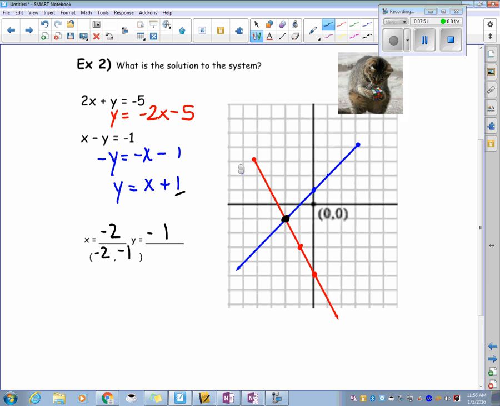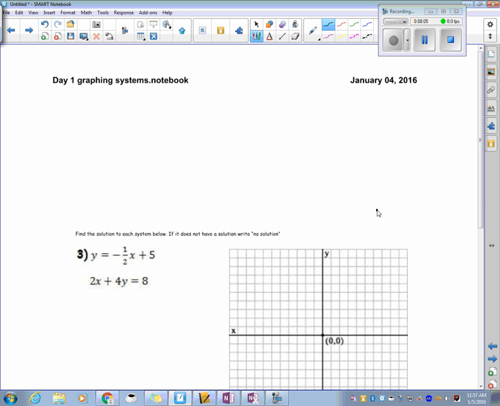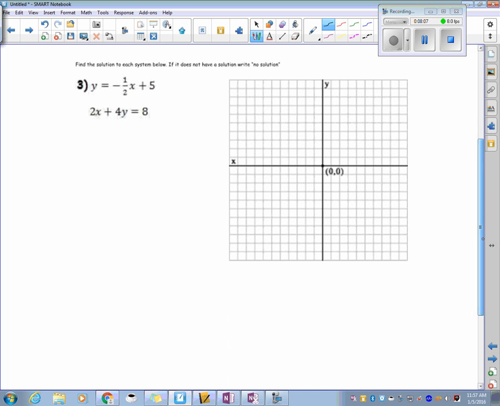So the answer is no, they will not cross again anywhere else. But you do need to make your lines very accurate, use a straight edge. Okay, so let's take a look at the next one. Number 3. We're going to graph these two. The first one in number 3 is already in y-intercept form.